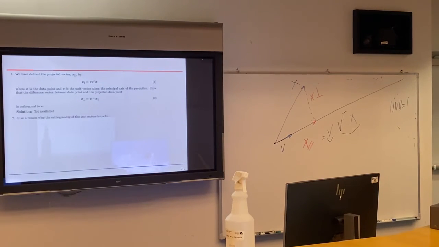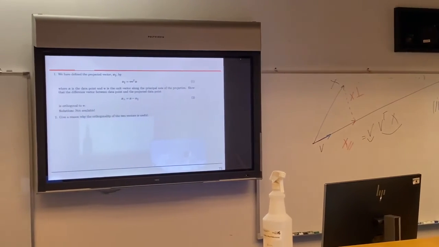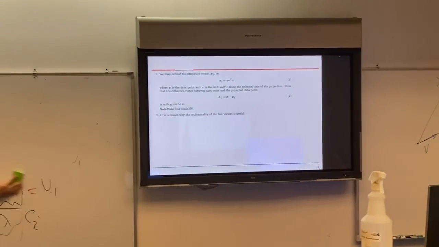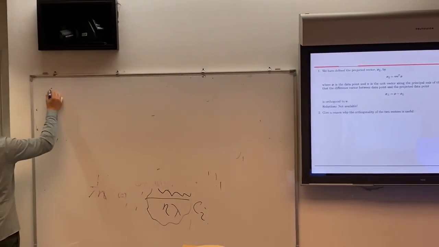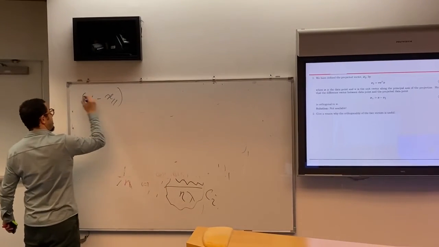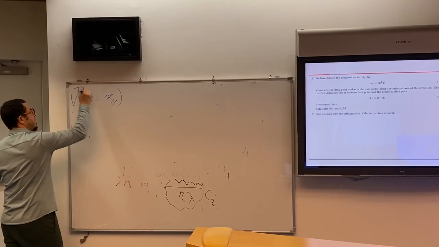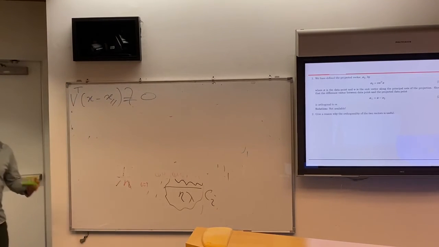How can we prove orthogonal? The dot product is 0, right? So I want to prove that x minus x parallel, if I multiply it by v transpose, should be 0. If it's equal to 0, it is orthogonal.